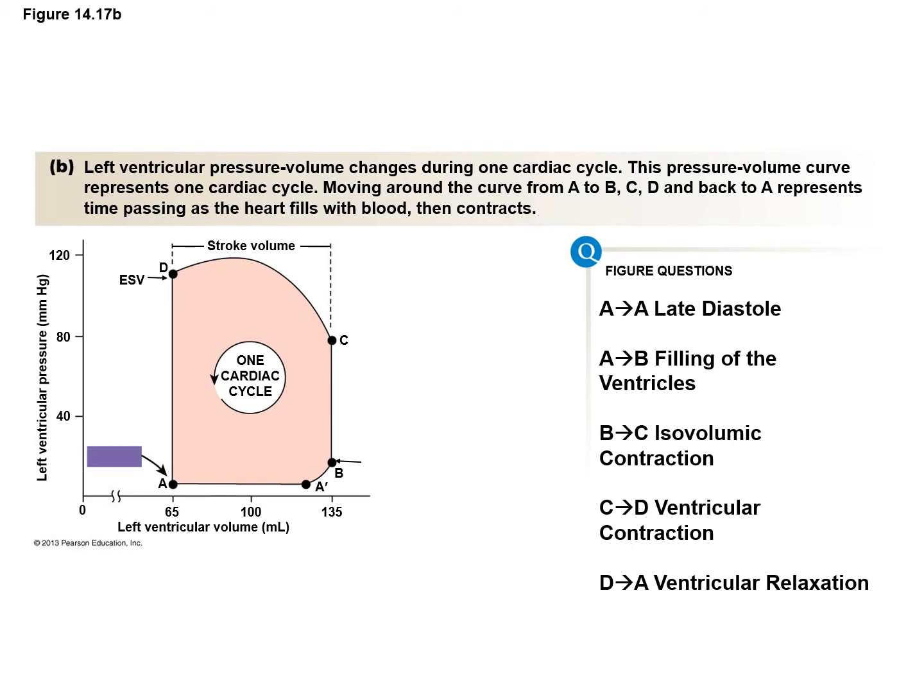Then we go from B to C. B to C actually shows us a constant volume, but an increase in pressure. With a constant volume that is unchanged, but an increase in pressure, this can only mean this is the isovolumic contraction phase, where there is no movement occurring, but pressure is gradually increasing in the left ventricle. Once we get to C, we are now at the end diastolic volume.